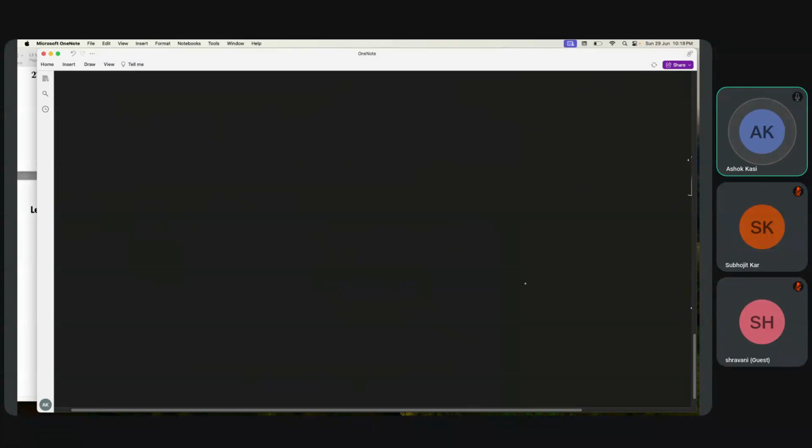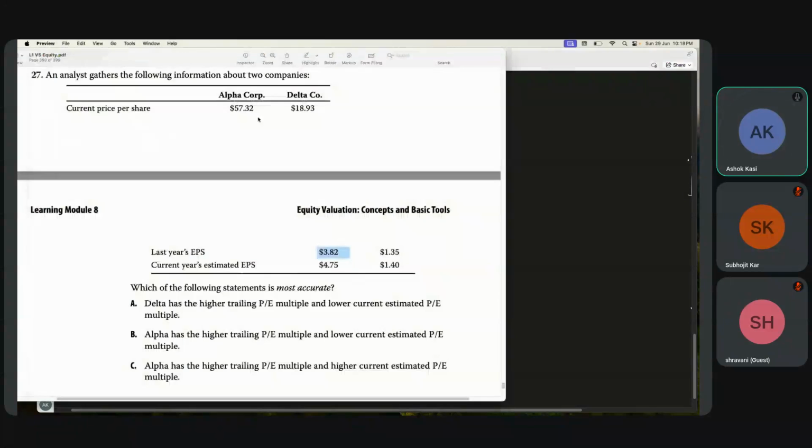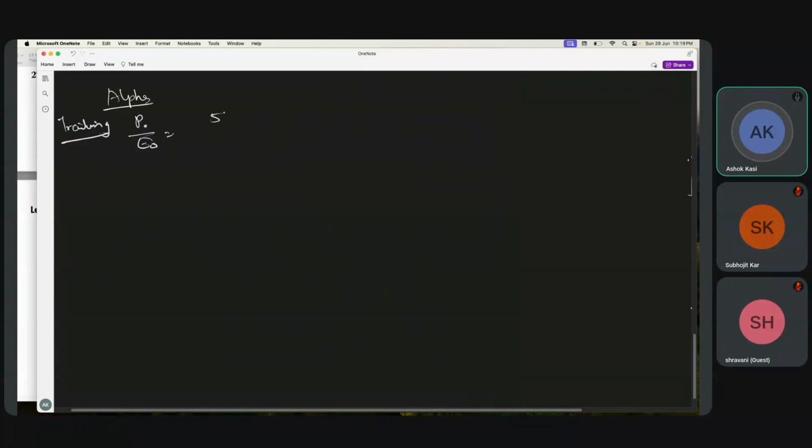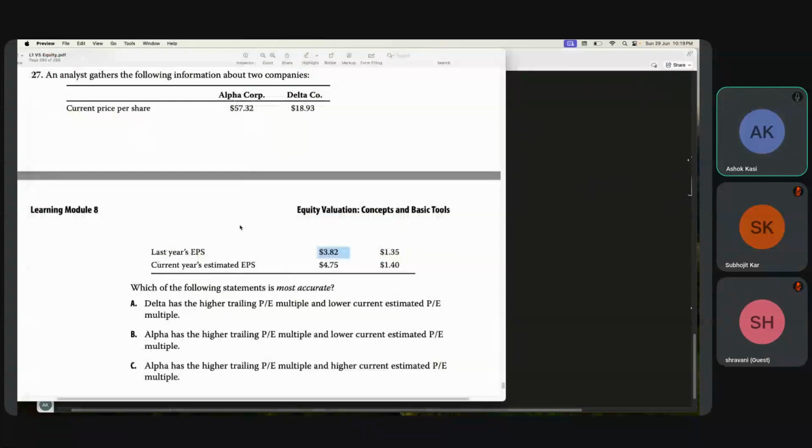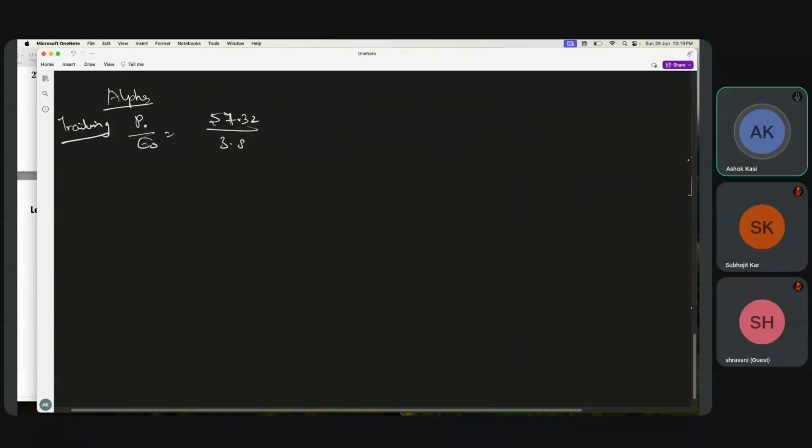So for Alpha, trailing PE, this is trailing. $3.82. Calculate how much is this? 15.0052.